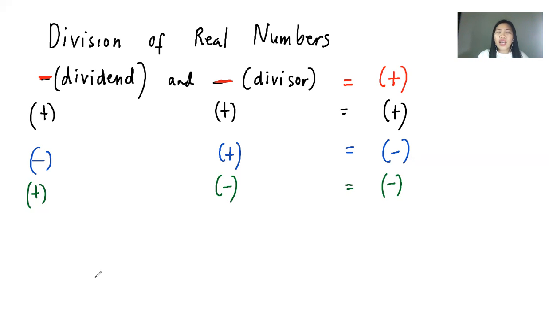Okay? So let's have some examples on how we will identify the correct sign and answer for the division of real numbers. Okay? So for example, the given is negative 6 over negative 2.